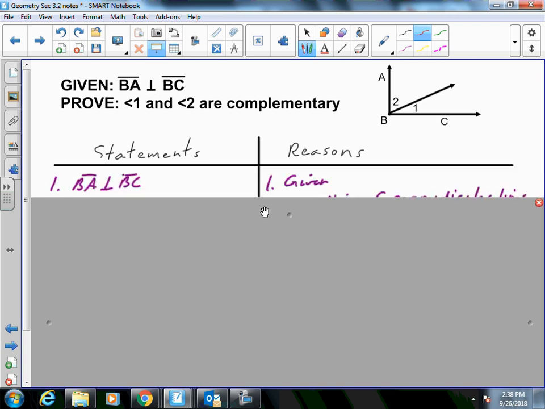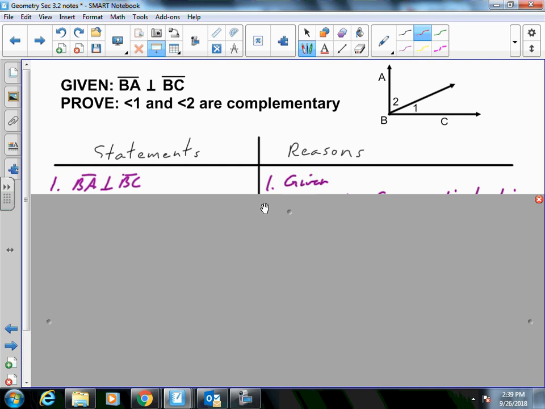We'll start off with putting the given. And since those two lines are perpendicular, what do we know about the lines? Oh, that's what we're trying to get to, that they're complementary. But just them telling us that they're perpendicular, what other information does that give to us, knowing that they're perpendicular lines?